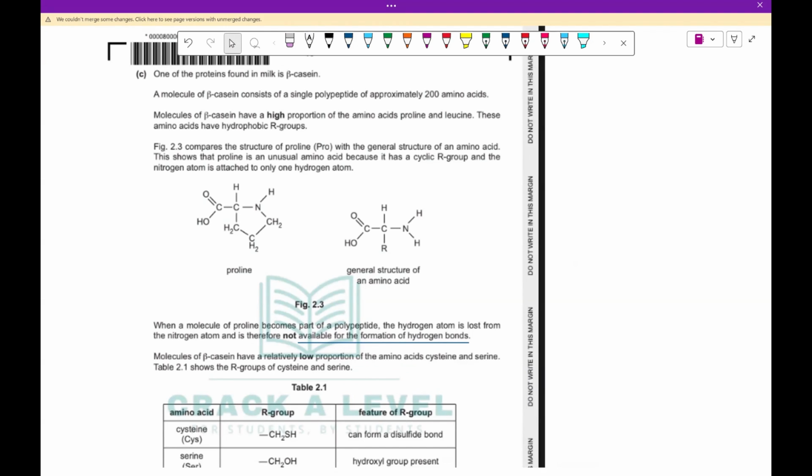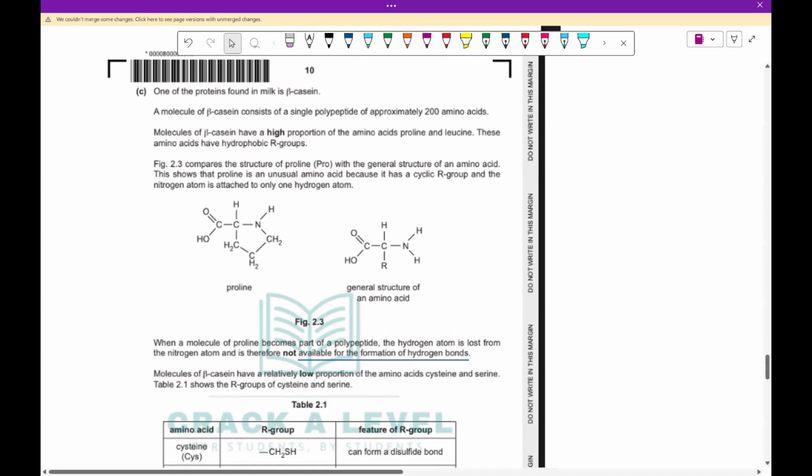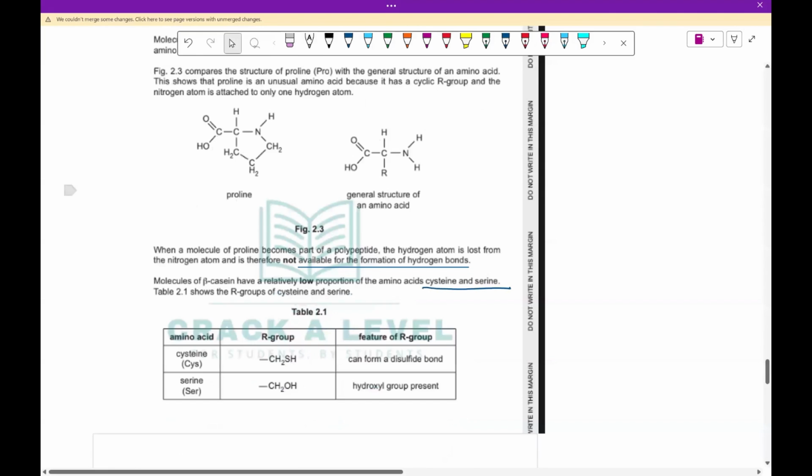Okay. So we know that the R group, yeah, they have a relatively low proportion of the amount of cysteine and serine.